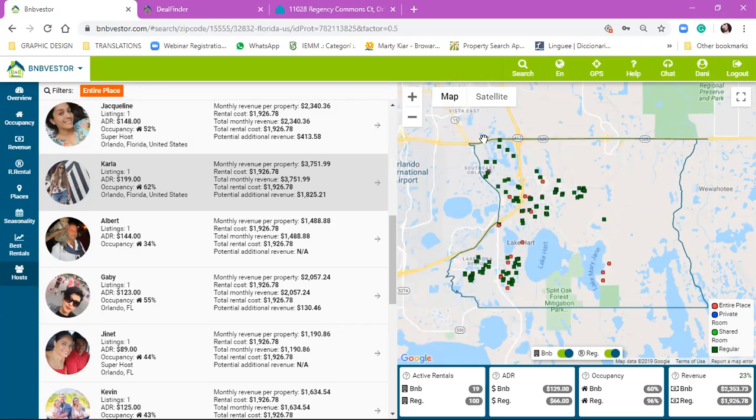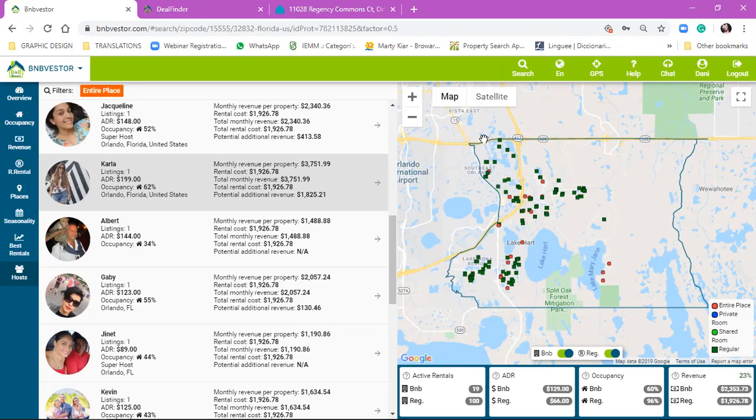But okay, so the potential additional revenue is the value that represents how much additional income you can expect to make with the B&B property over the regular rentals. Now, it's the rentals revenue on the average in the selected area in the map.